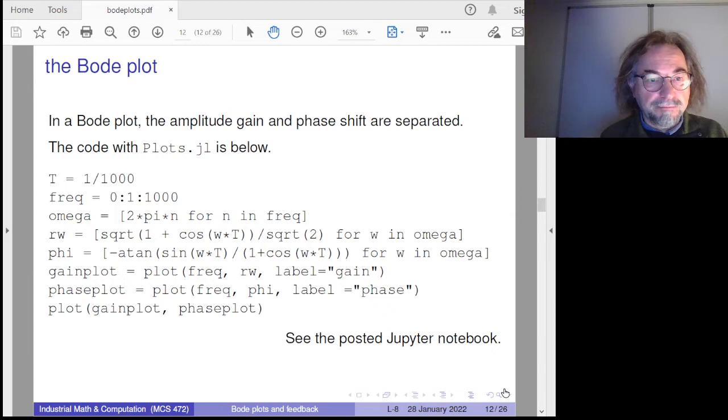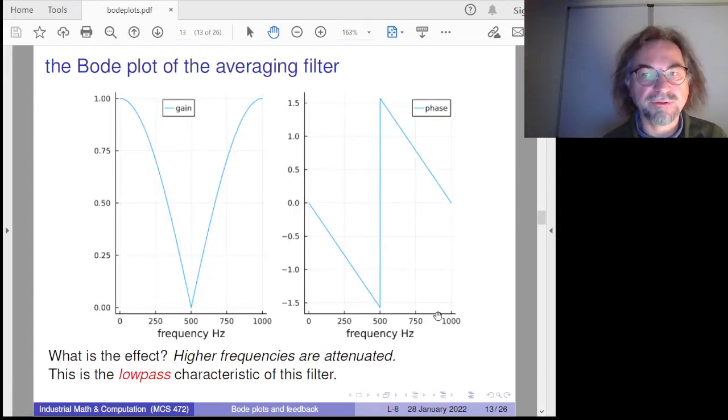Making plots next to each other is also quite straightforward. Here you see the making of the plots next to each other. And here is the main result, the Bode plot. I'm in the middle of this lecture now, and this is also the central concept explained.